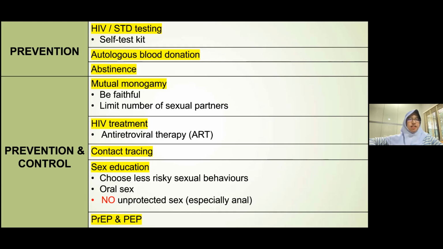Next one, this happens in poor countries. It is autologous blood donation. In poor countries, sometimes we don't really trust their blood banks there.